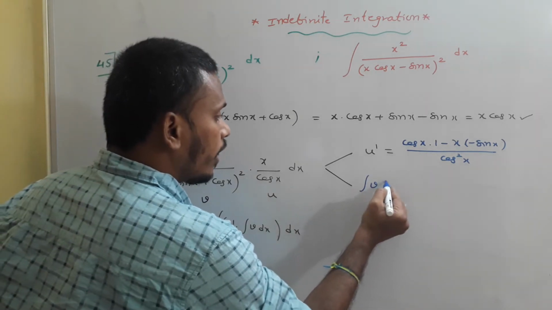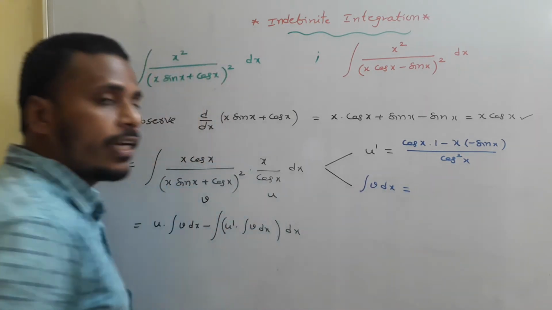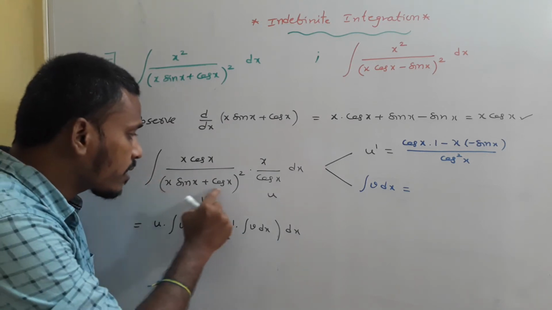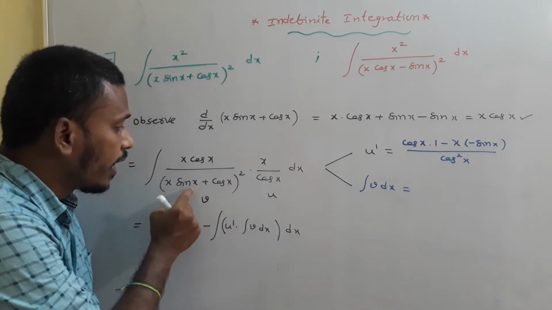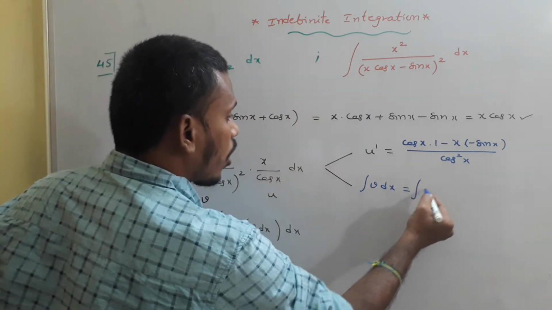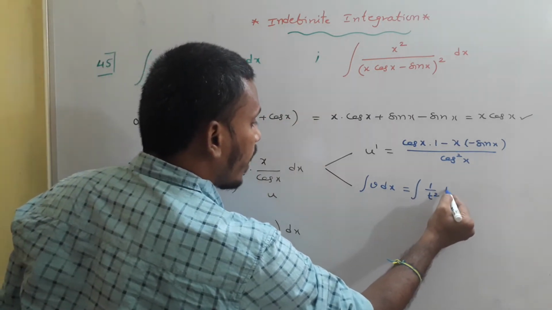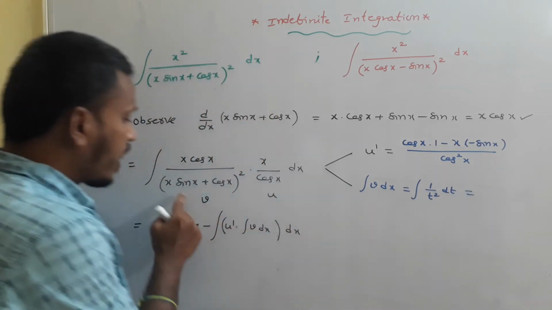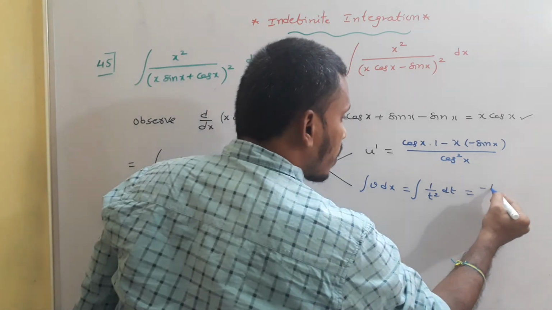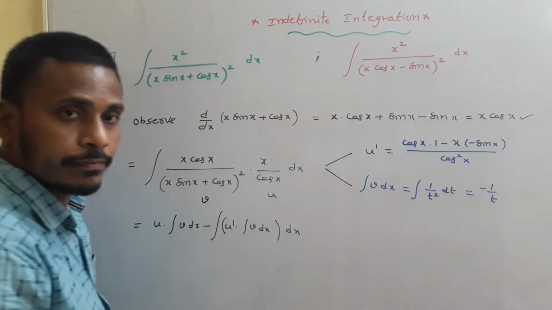What is integral of v dx? Integral of v dx means integration for this part. Look there, this is some t. If you take it as some t, its derivative is x cos x, as we discussed. So this is nothing but integral of 1 by t square dt, by taking this x sin x plus cos x as t. Integral of 1 by t square dt is nothing but minus 1 by t.